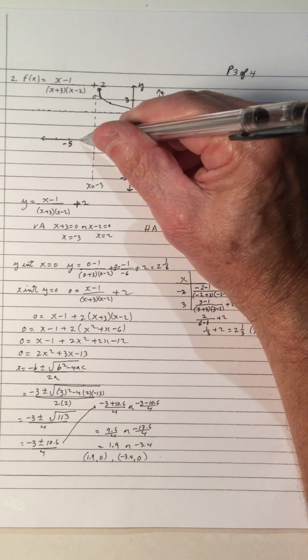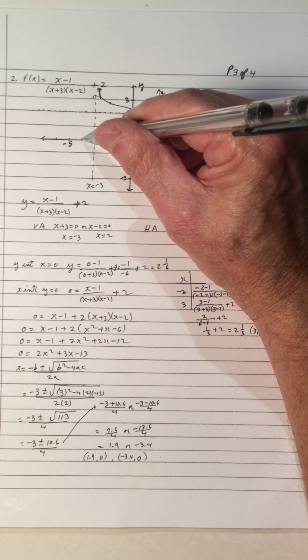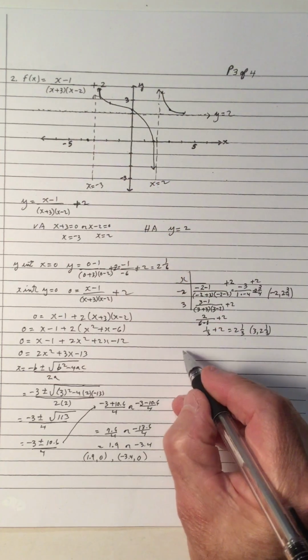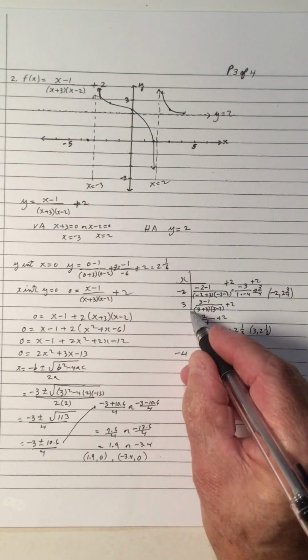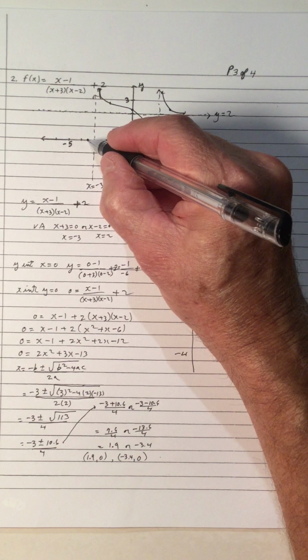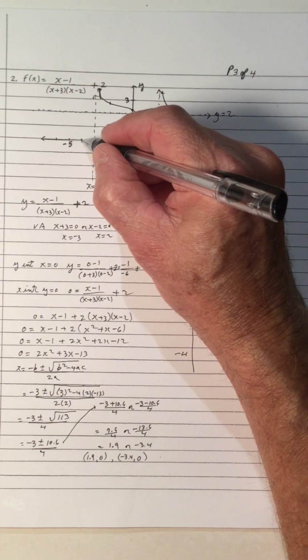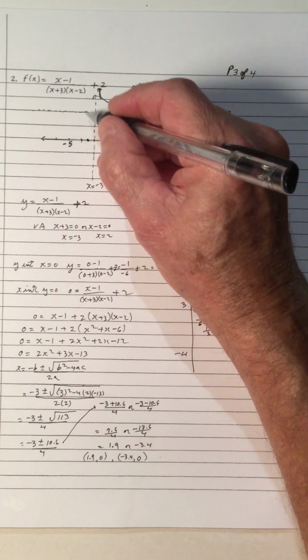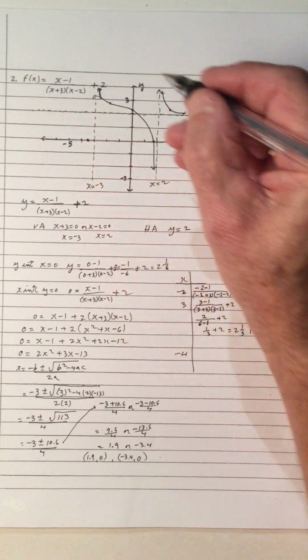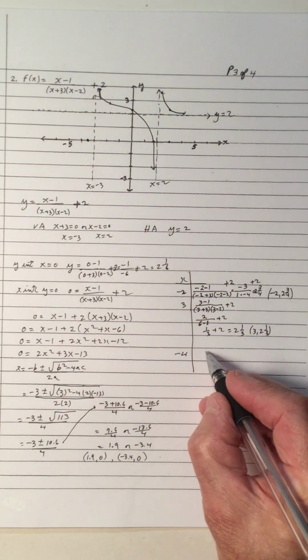So it's going down here, so we need to do a -4. So let's plug in a -4 and see what happens. Because at -4, we have that intercept, but we don't know if it's going to go this way, or if it's going to go this way. So let's plug in a -4.